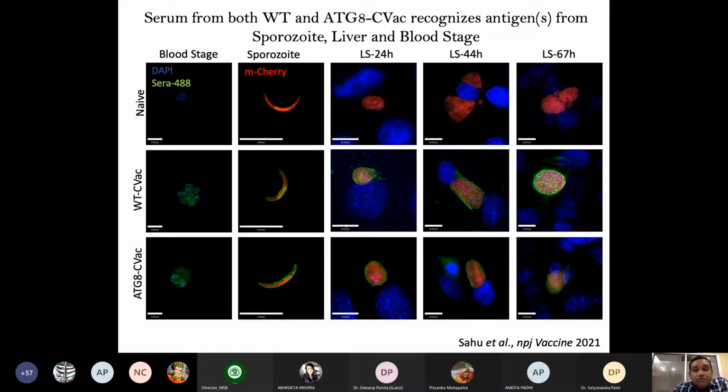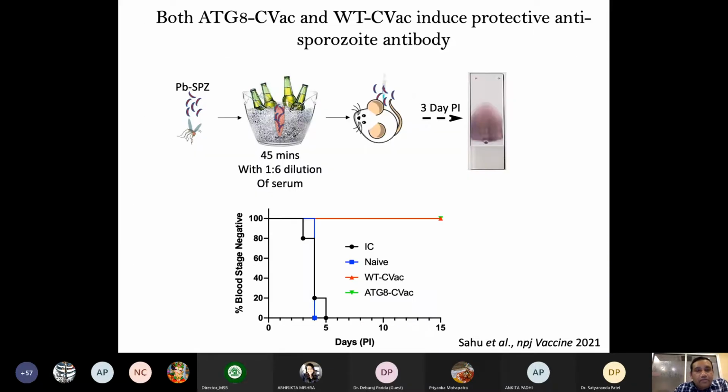To test this hypothesis, we designed an experiment where we take the sporozoite, the form that infects the host, incubate it with the immune serum, and then inject it into naive mice to see if they are protected. And I follow them for parasitemia, because if they are successfully infected, they will develop bloodstream infection.